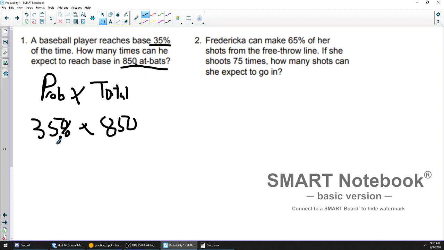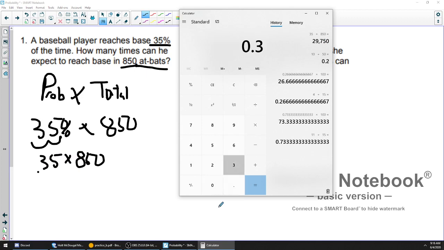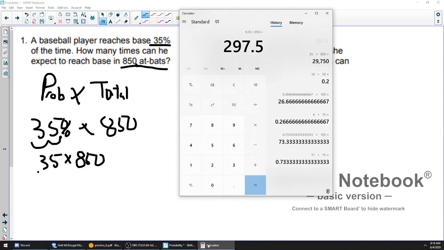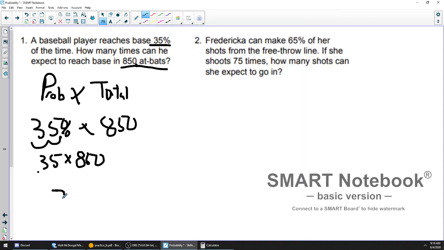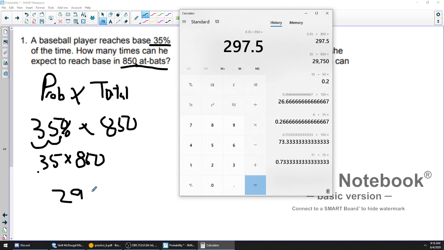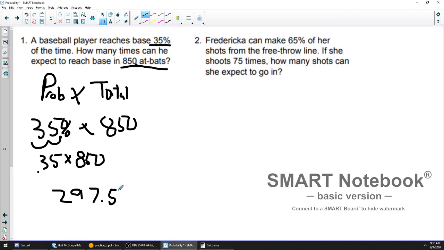So we take our decimal, move 2 places to the left, so we get 0.35 times 850. And roughly, he would get to base 297.5 times. Remember, we take our probability, the percentage or the fraction, and we multiply it by the total tries or total outcomes.